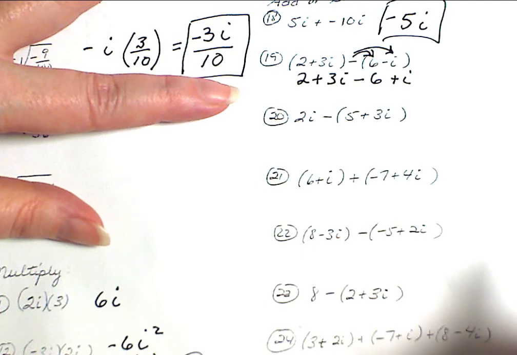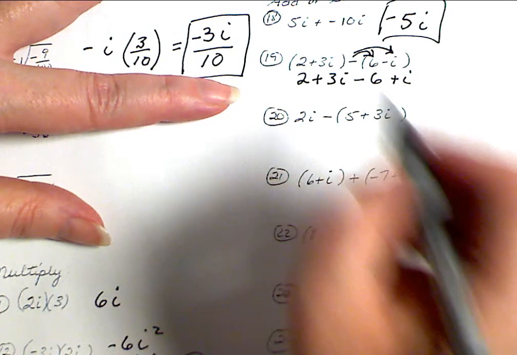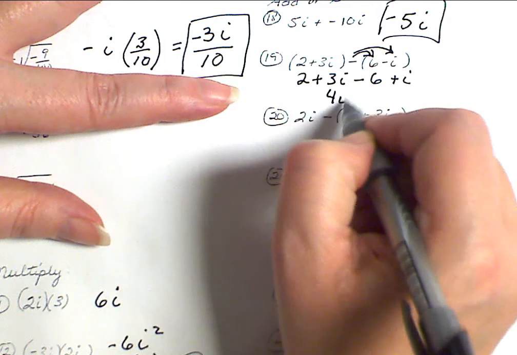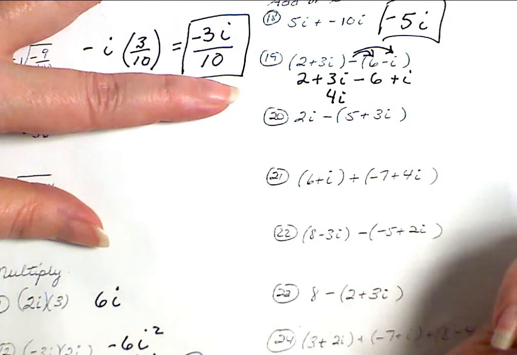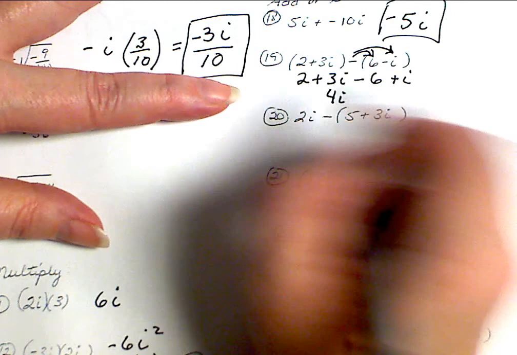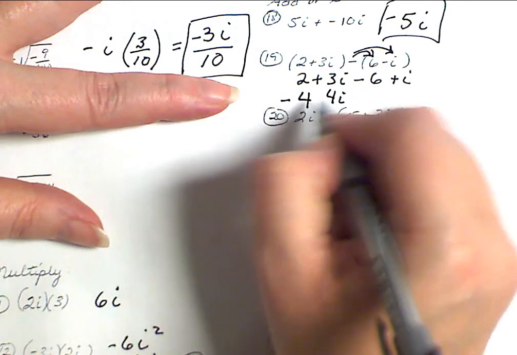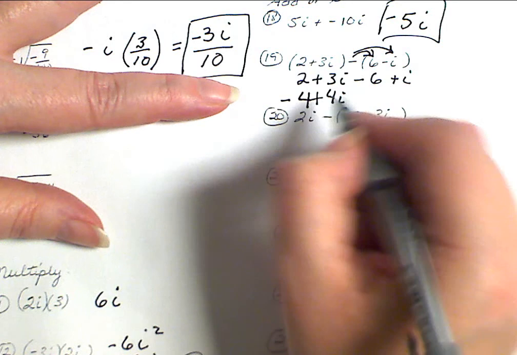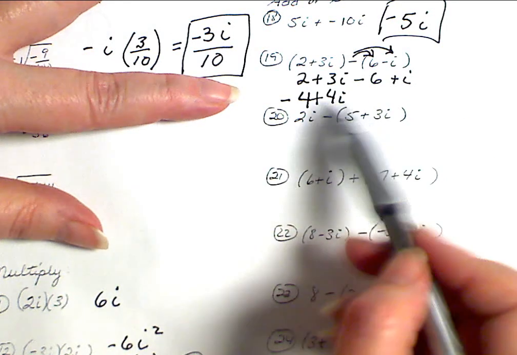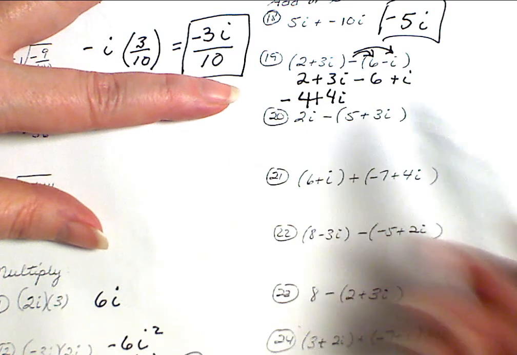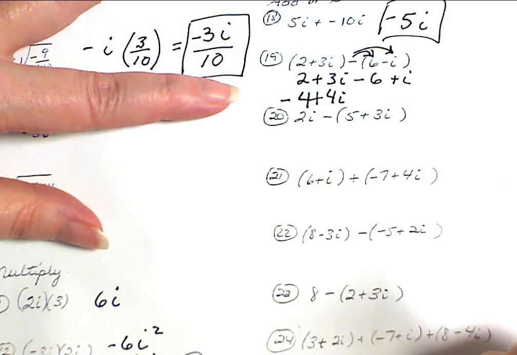So 4i. 2 minus 6 is negative 4. Put the real number first. If you put 4i minus 4, then you just rewrite it, because reals come first. So is that right? Negative 4 plus 4i. That's the answer.